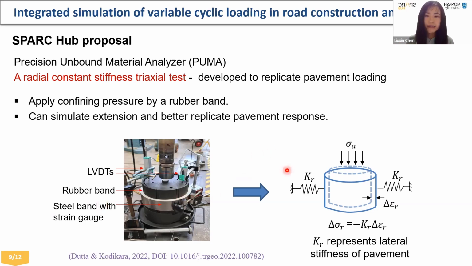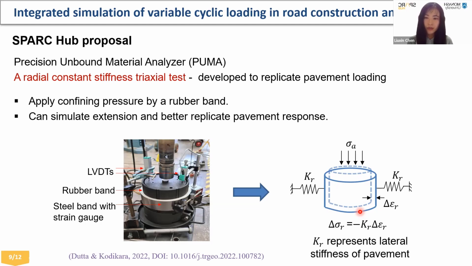When the soil is loaded just like a triaxial test, vertically with horizontal loading, the axial deformation will take place to simulate the rutting. And along with that, laterally, the soil will expand. When soil expands, the rubber band will increase the resistance by increasing the radial stress.